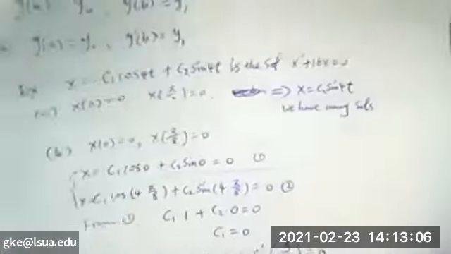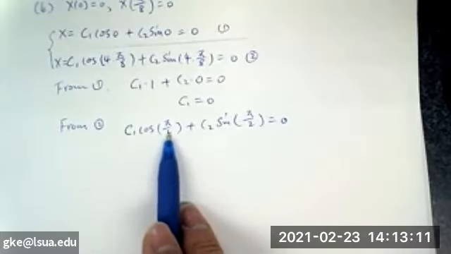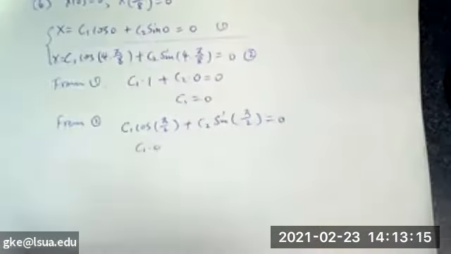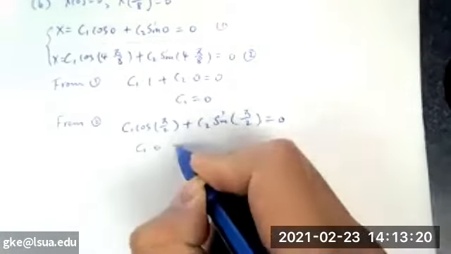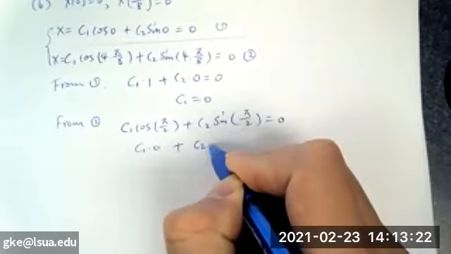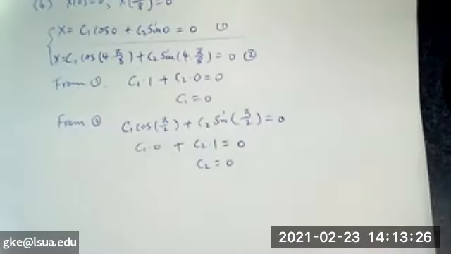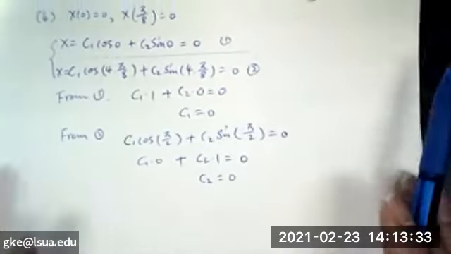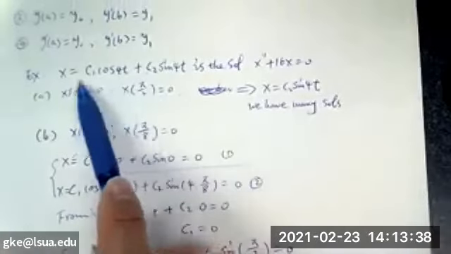So for this equation, cosine pi over 2, cosine 90 degrees, is 0, right? And sine 90 is 1. So we can get C2 equals 0. Okay. So we get C1 equals 0, C2 equals 0. And that means we plug back in here.